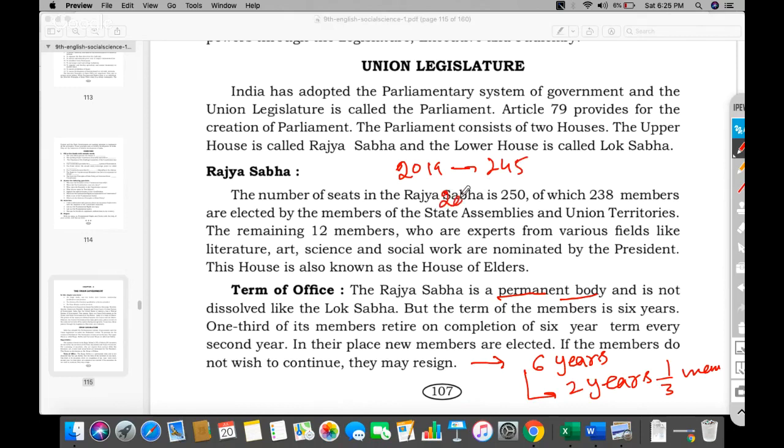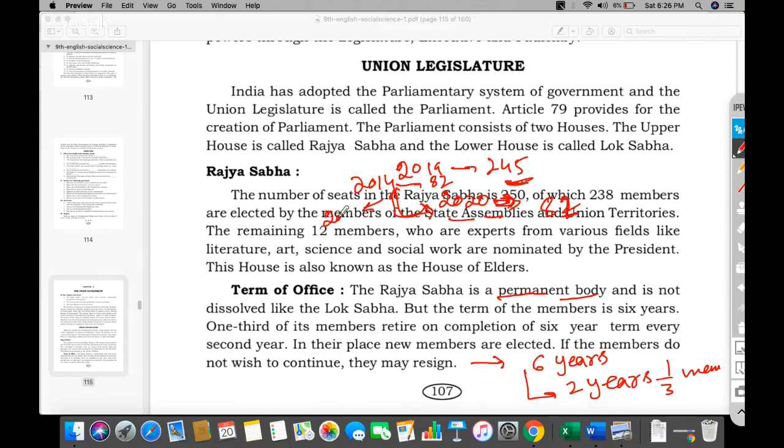Now in 2020, 1/3 of the members, those who were selected in 2014, would be nearly 82 members. So 82 members who were selected in 2014 would lose their membership of the Rajya Sabha, and elections will happen on those 82 seats.